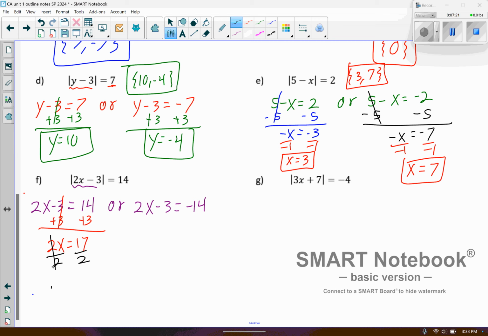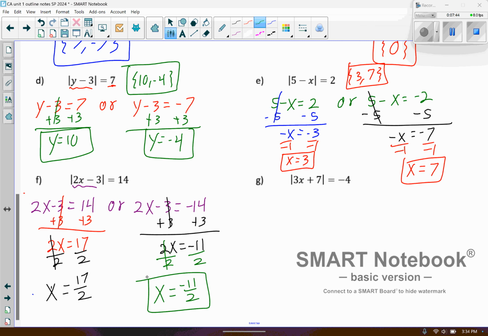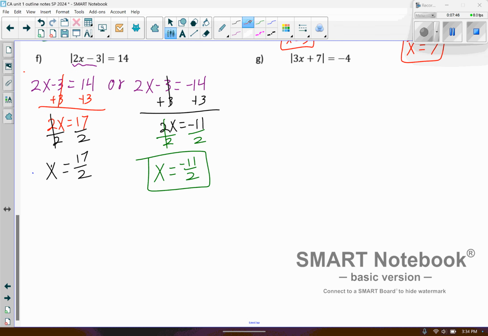So my first one, I'm going to get x equals, and I would just keep it as a fraction, 17 over 2. For our other one, we're going to add 3, add 3. So we get 2x equals negative 11. We'll divide by 2 also here. So we're going to get x equals negative 11 over 2. Those are my two solutions. If I plug in 17 over 2, that would create a true statement. Or if I plugged in negative 11 over 2, that would also create a true statement.